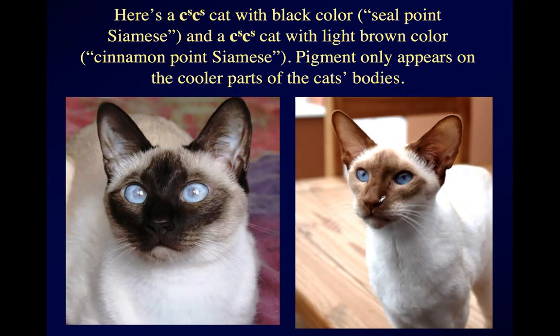On the left, that's a cat that is homozygous for the cs allele. It's basically a black cat, but the only places where you see the black color are the cold spots, the face, the ears, and you can't see it in this photo, but you'd see black on the feet, black on the tail, and black on the testicles if it's a tomcat who still has them.